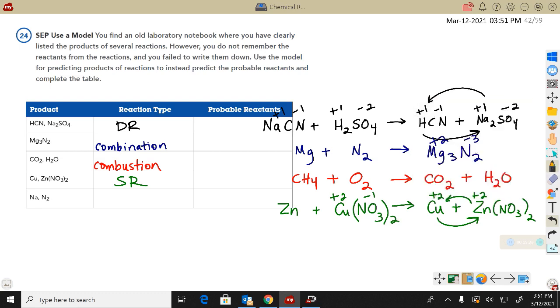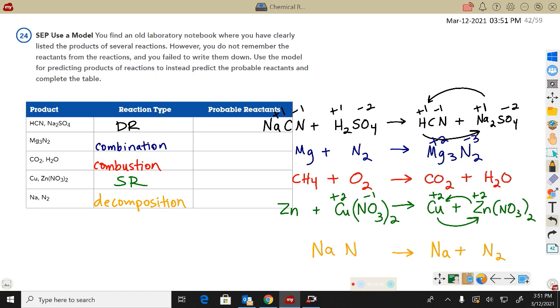All right, and the last one, what if my products are the element sodium and the element nitrogen? Well, it's 2 individual elements. Maybe it came from a decomposition. If this came from a decomposition, then the original reactant would have been like sodium nitride.